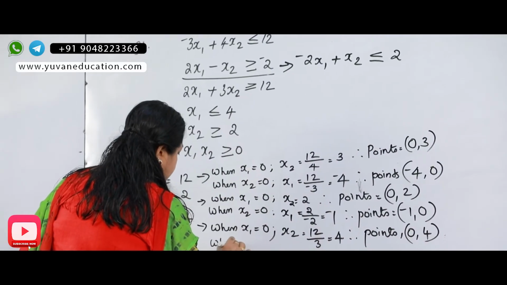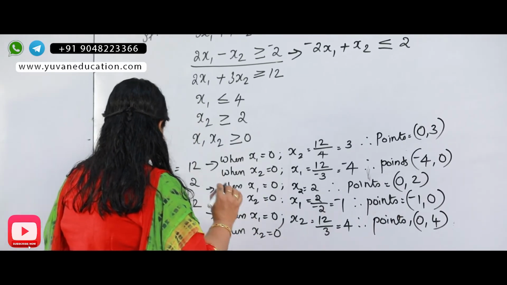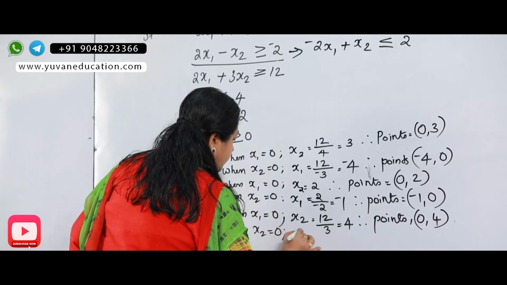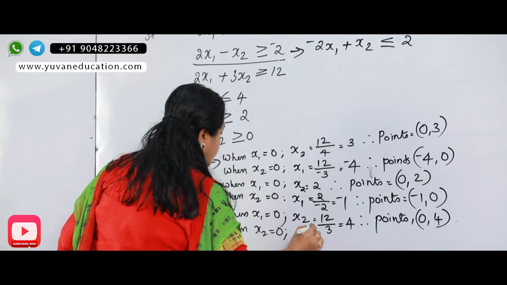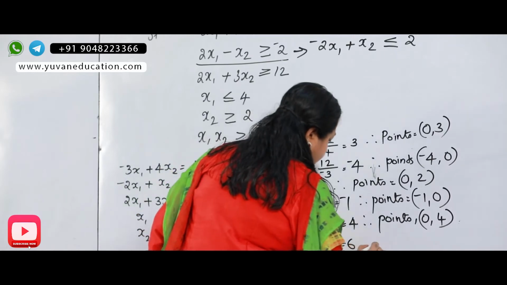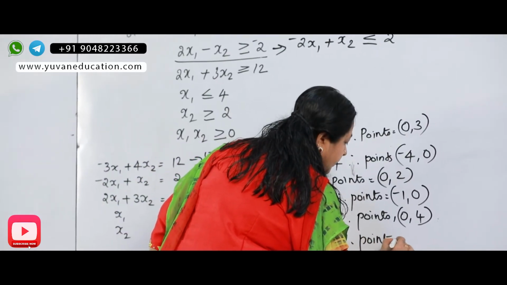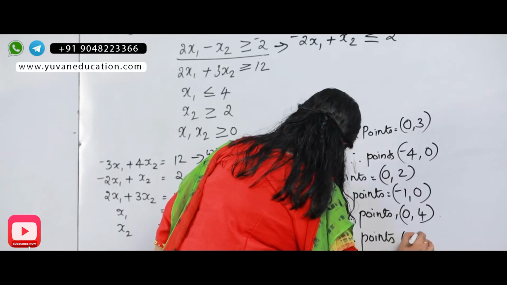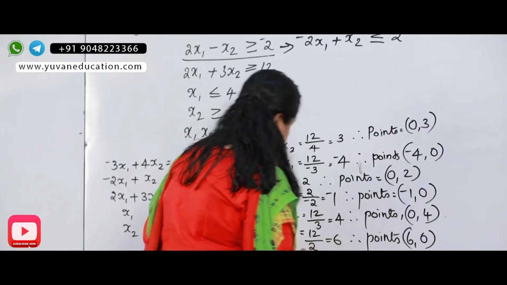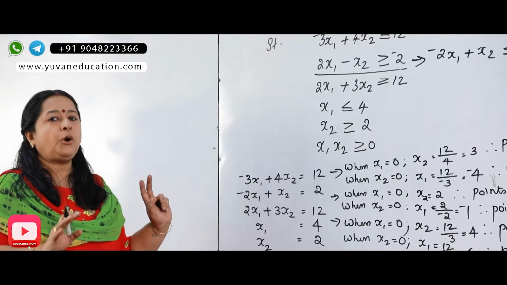Again, when x2 is equal to 0, then x1 is equal to 12 by 2, 6. Therefore, points 6, 0. Okay, these are the points.